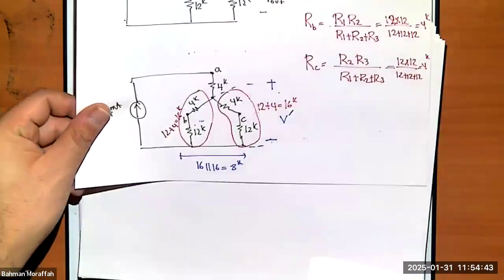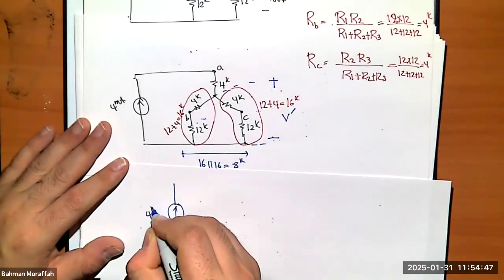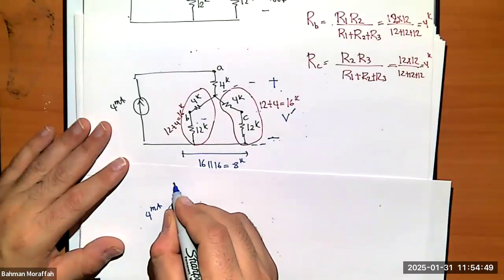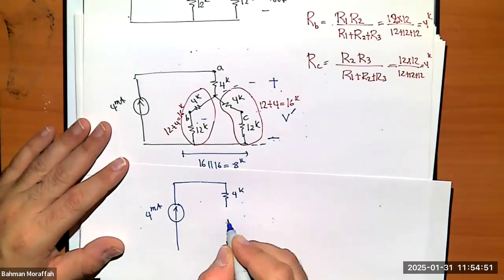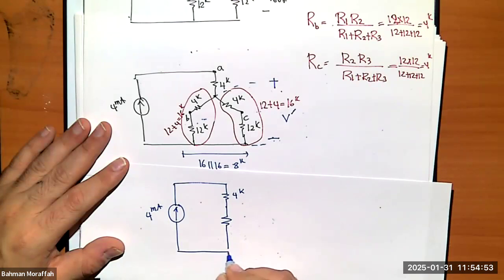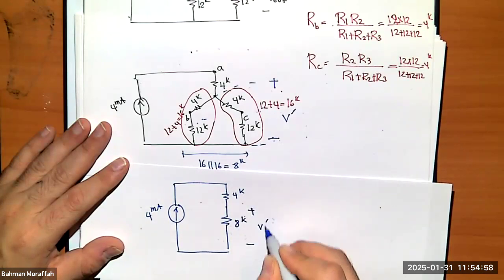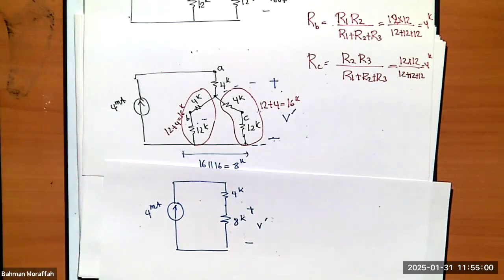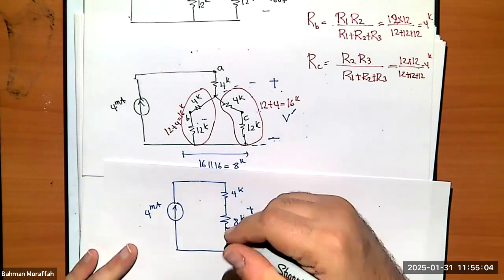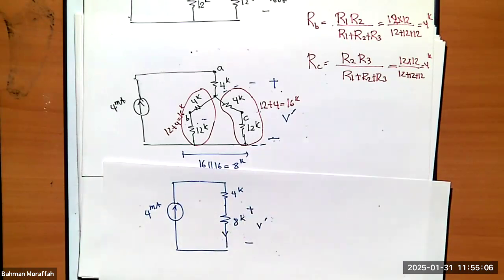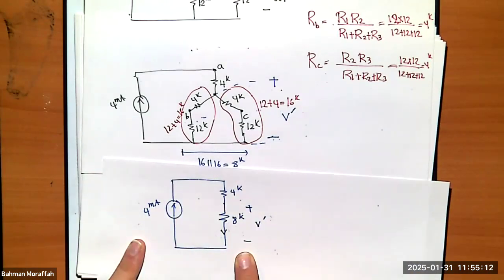Which is across this 8. So let me redraw the circuit. What I have here is 4 milliamps. I have this 4K, and I have this 8K resistance, and the voltage across this is V prime. What is the current through here? It's 4 milliamps, right? Because I have this current going through this guy.